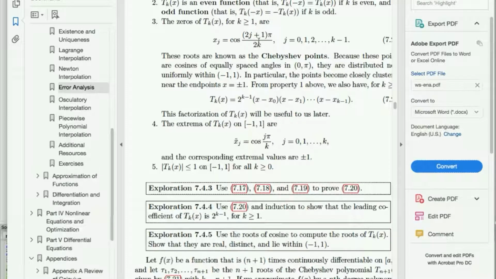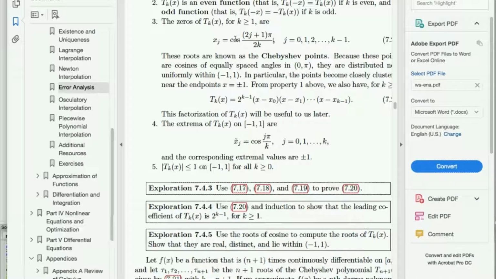Now cosine is not what they call a 1-to-1 function when it's considered on its entire domain. However, cosine is 1-to-1 if you choose the right interval, for example on the interval from 0 to pi.